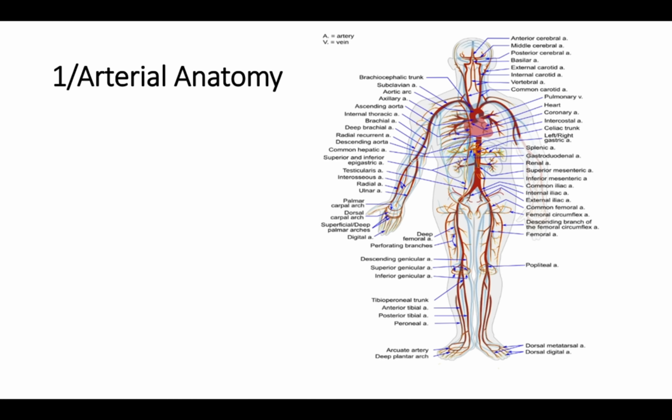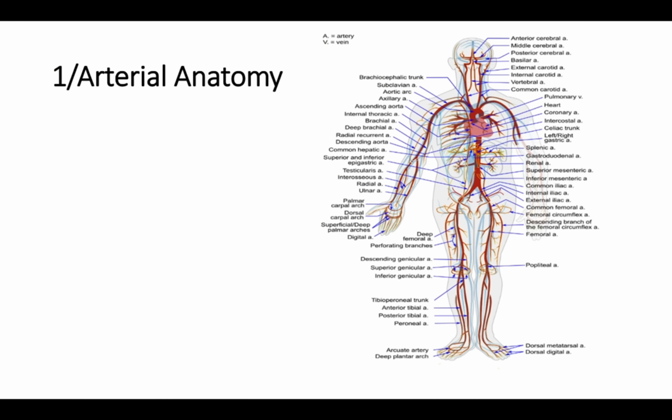At the ankle, it becomes the dorsalis pedis artery, which supplies the dorsum of the foot. The posterior tibial artery, the second branch, runs along the posterior back part of the leg and branches off into the fibular peroneal artery, which supplies the lateral aspect of the lower leg.